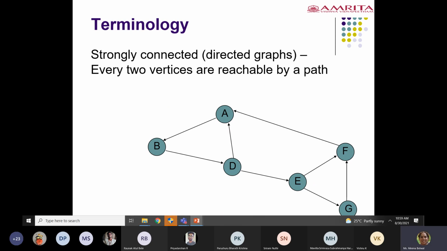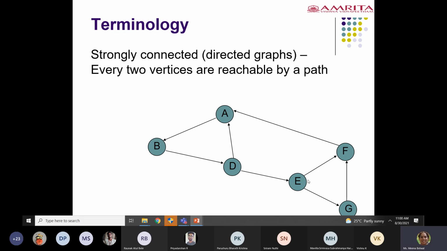Now we have the same graph, we have just changed it. It looks like it is strongly connected. Let us verify. I can reach from A to B, A to E also, A, B, D, E. A to F also, A to G also. I think this is a strongly connected graph. We are able to reach from every vertex to every other node.